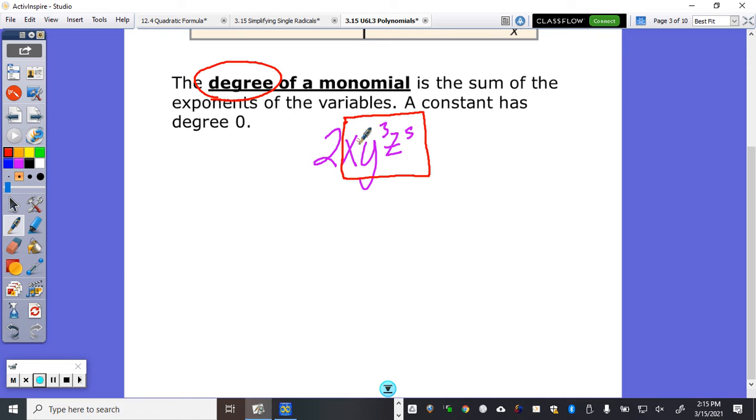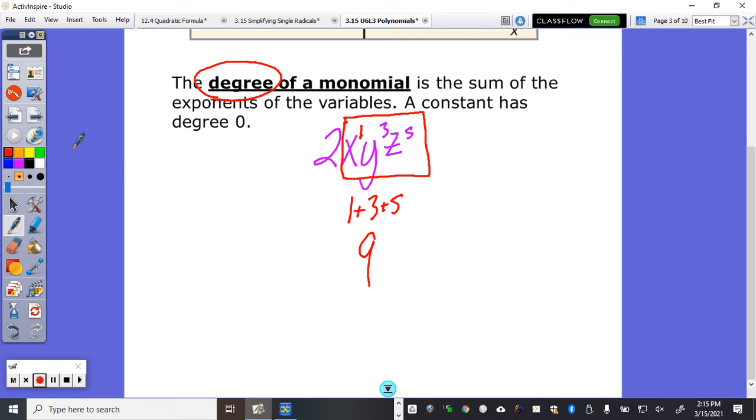What is the exponent on this x right here? 1. So I have 1 plus 3 plus 5. So the degree for this entire monomial is going to be 9.